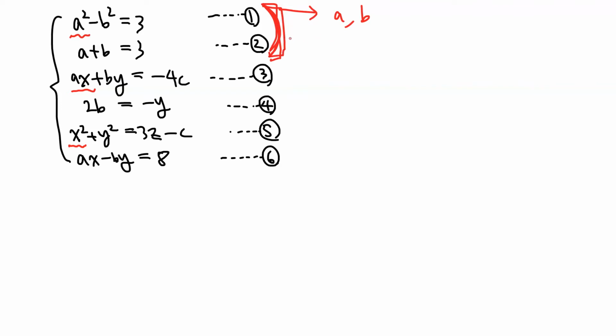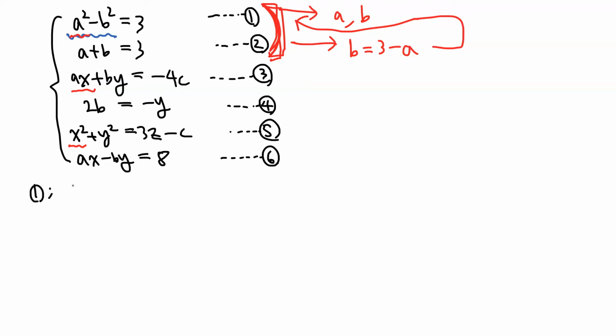For example, you can rearrange the second equation to obtain b equals 3 minus a and insert this into the first equation. But what you can also do is simply factor the left-hand side of equation 1.